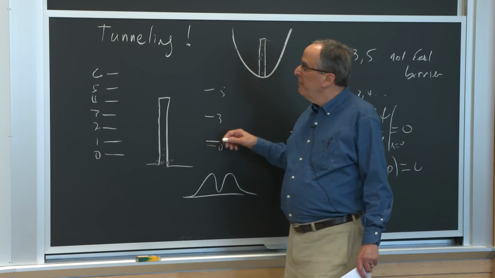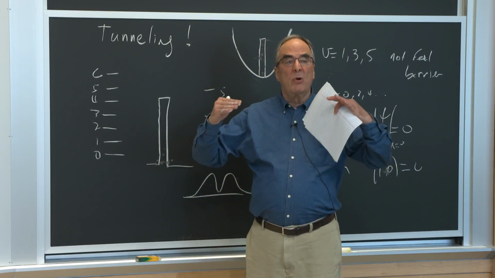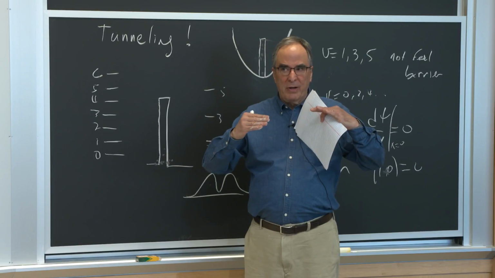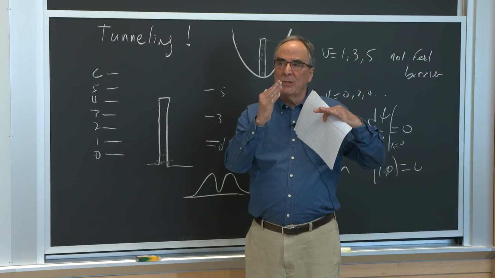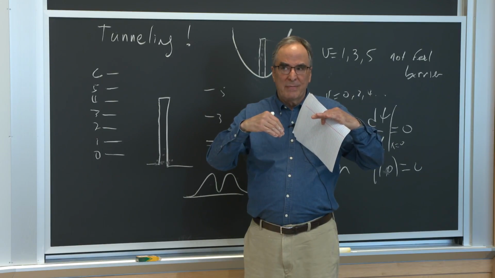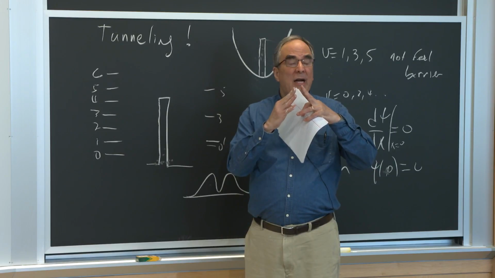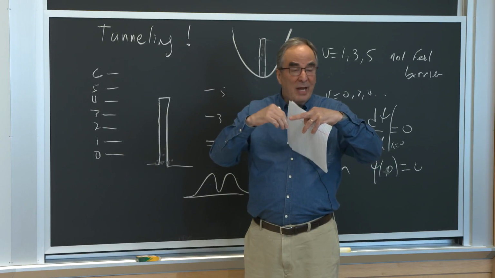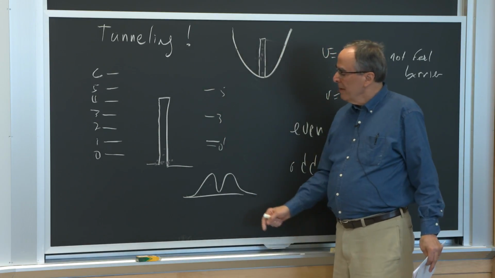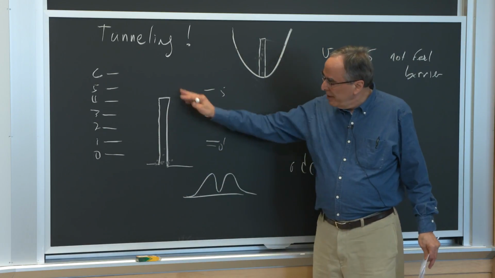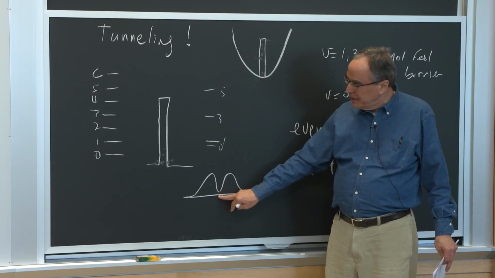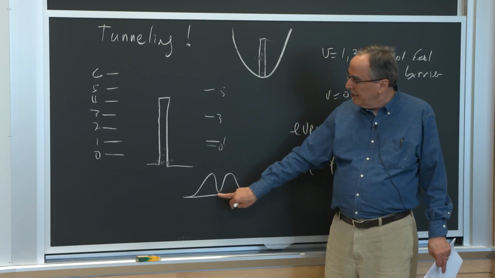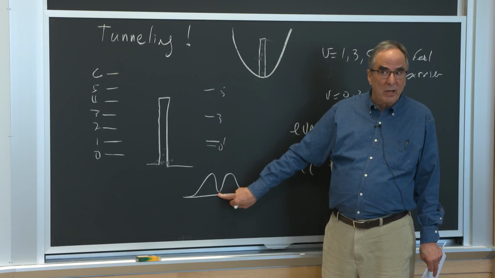If you have a wave going into this region of the barrier, you can have an increasing exponential or a decreasing exponential. You can never satisfy continuity of the wave function with the increasing exponential, but you can with a decreasing exponential. And so the height of the barrier determines how close this comes to having a node. It never will.